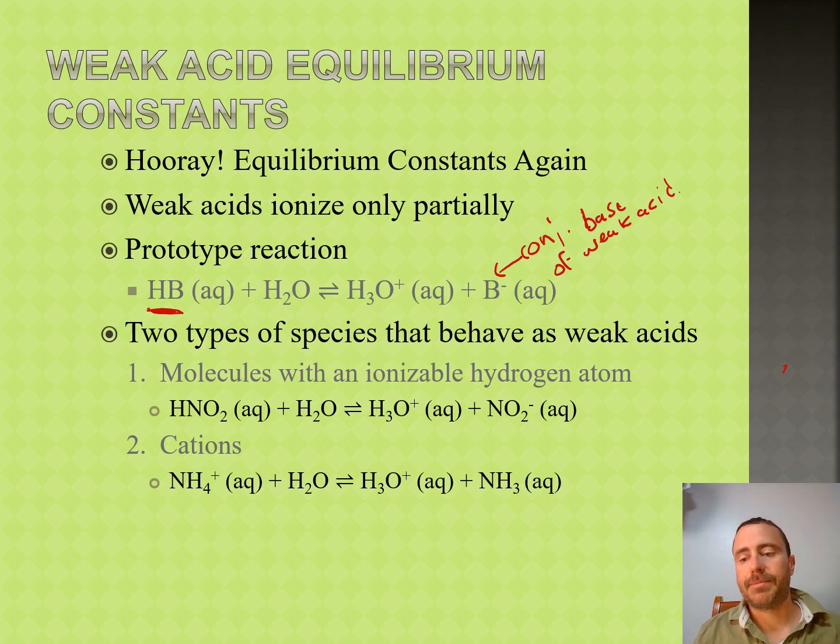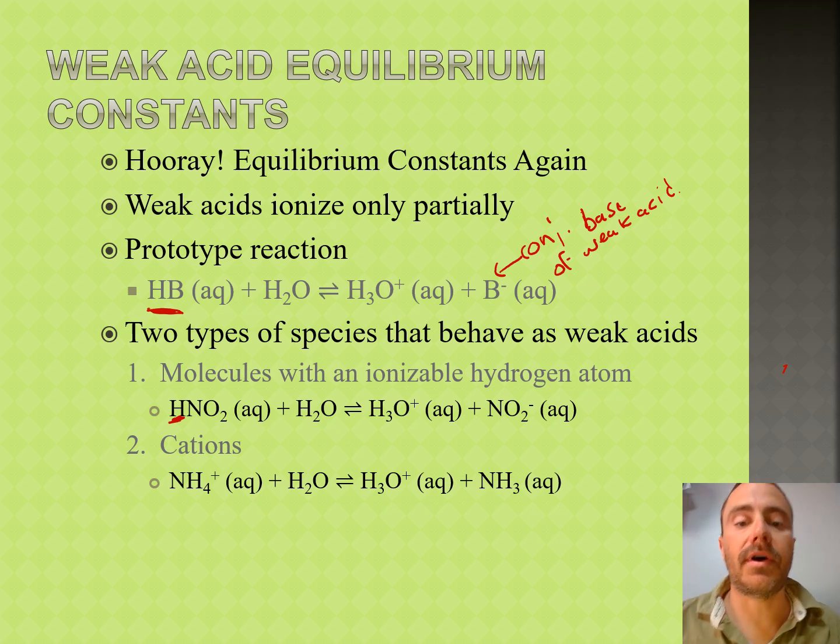Now we're going to have two types of reactions where we're going to see this. One is where we have a species that is a weak acid that we've seen a lot before, like HNO2. We could recognize this as being an acid because we have the H out in front, and then the rest of our molecule. That has an ionizable hydrogen, but it's not a strong acid, it's a weak acid.